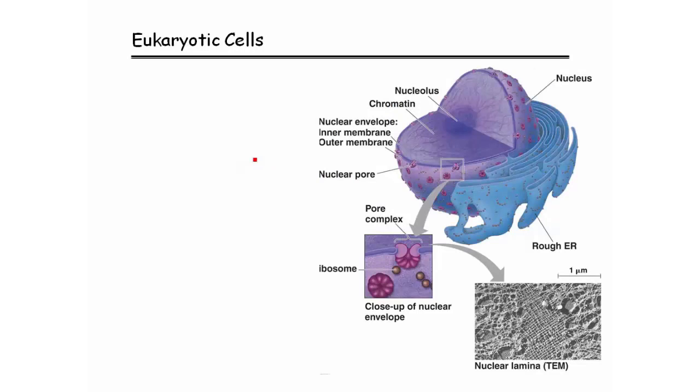So here we have a bigger look at the nucleus. That nuclear envelope is what we just introduced, and that is 2 layers of membranes. So 2 phospholipid bilayers. It's called the inner membrane, would be the inside one, and the outer membrane would be the outside one, obviously. And then inside is where we're going to find all of that DNA.